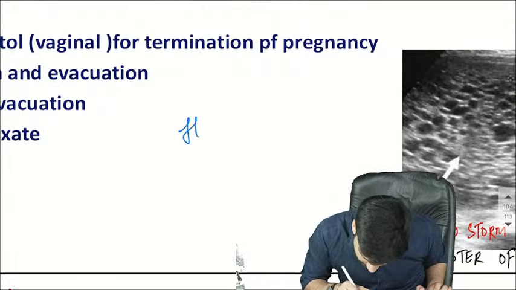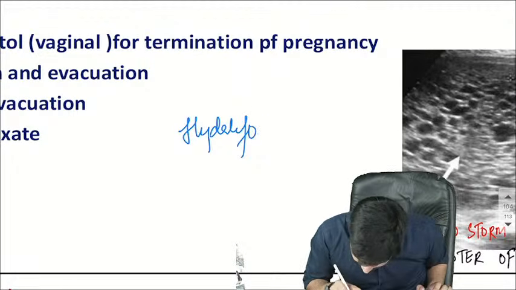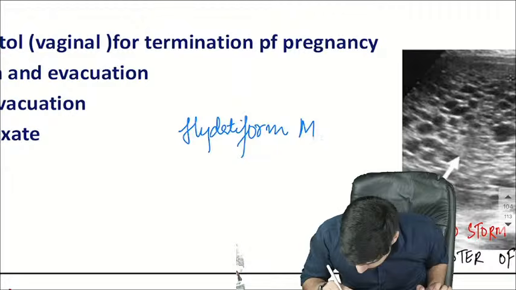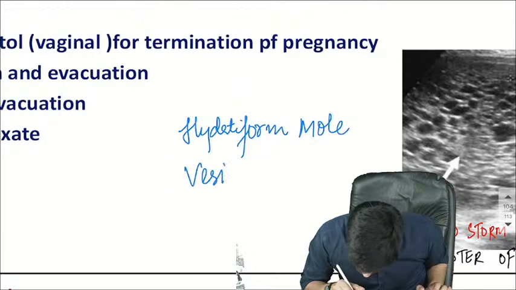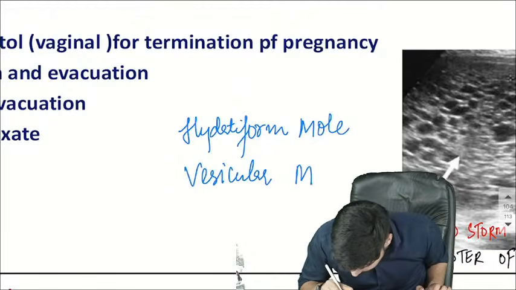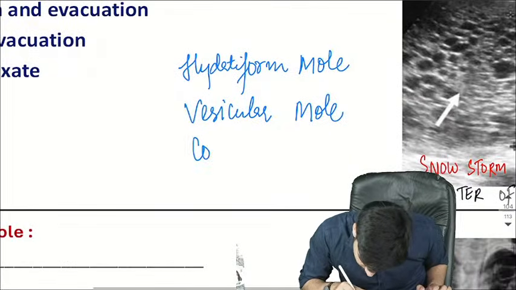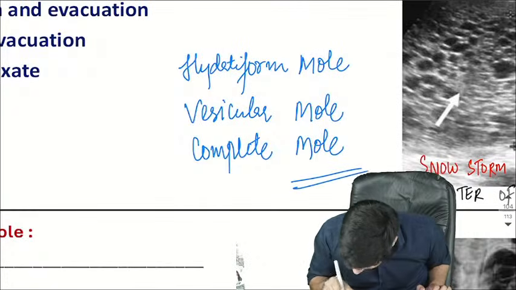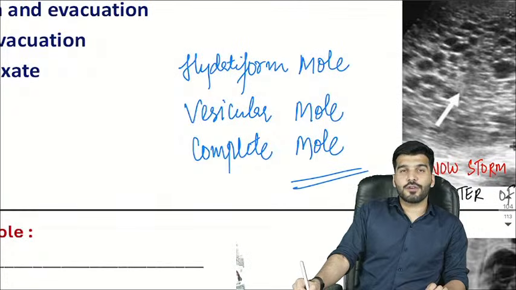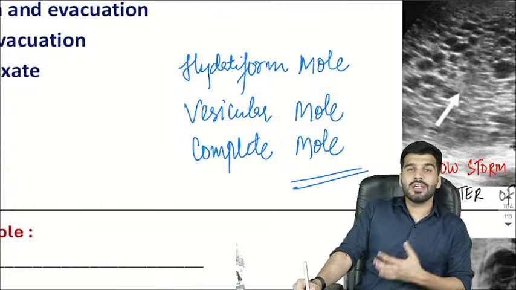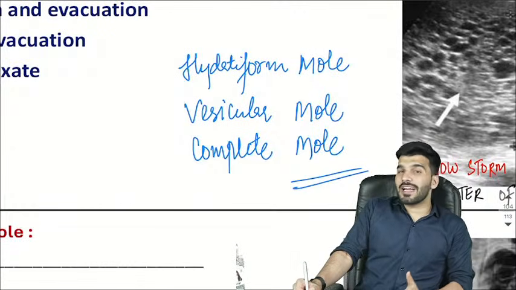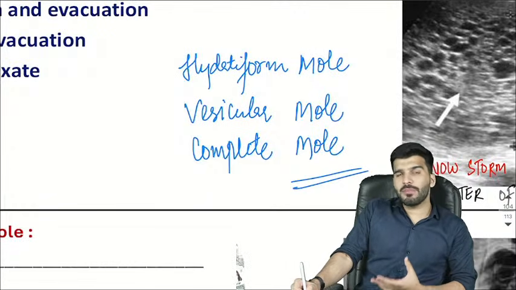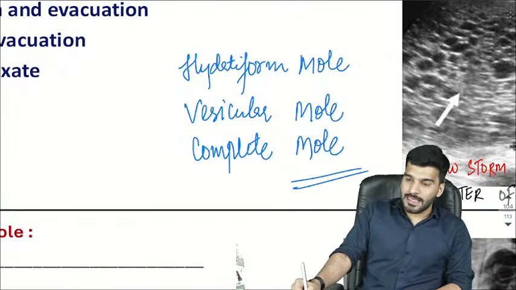This is a diagnosis of hydatidiform mole, which is also called vesicular mole, or complete mole. There is abnormal proliferation of the degenerated chorionic tissue due to abnormal fertilization. It's a benign condition, but if it's not treated, it can turn into malignancy, right?